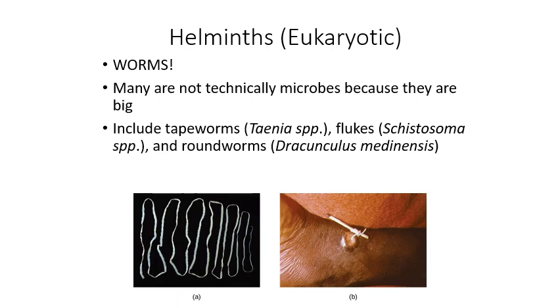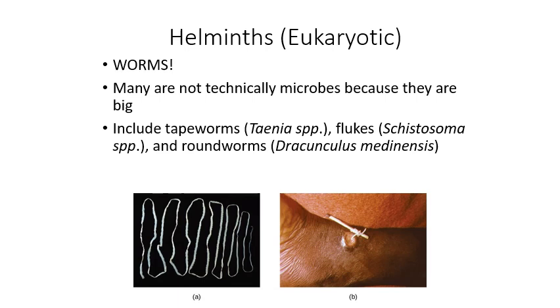Many of them are not even microscopic. So many helminthic infections are caused by worms that are large enough to be seen with the naked eye and in fact are quite large in some cases. But we do consider them in microbiology because in a lot of cases they drop eggs that are microscopic, and that's the infectious form of the parasite.